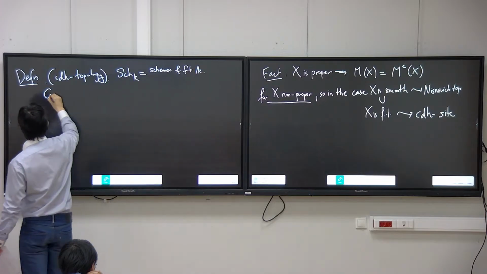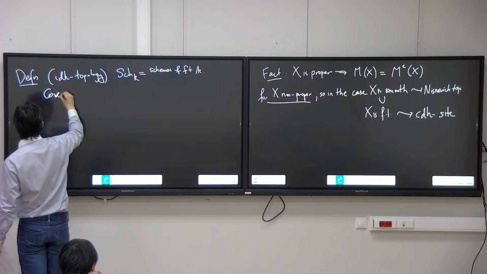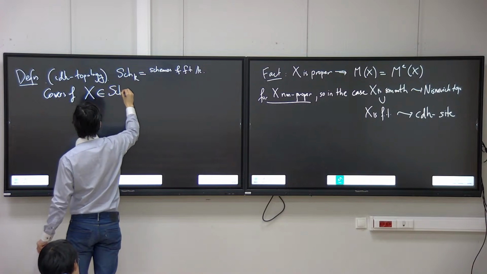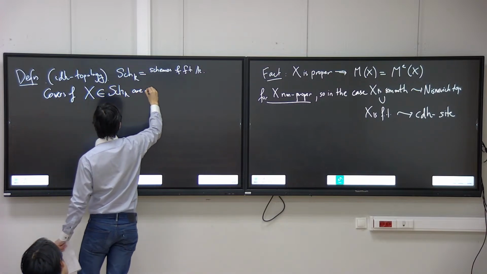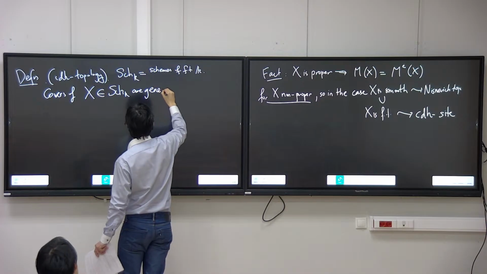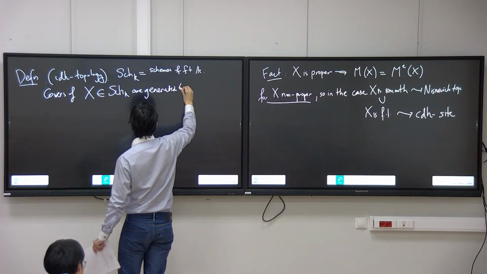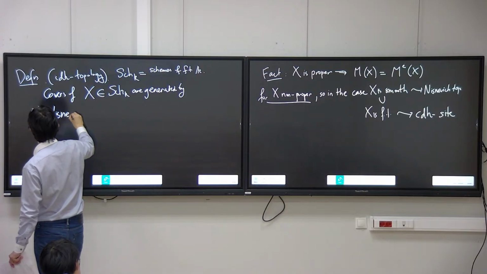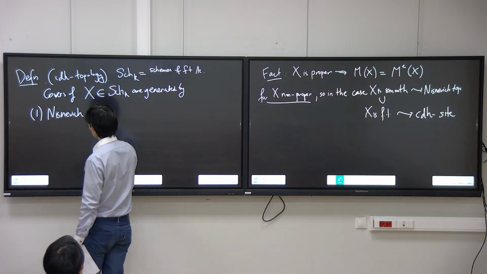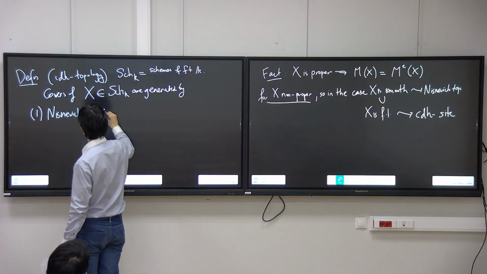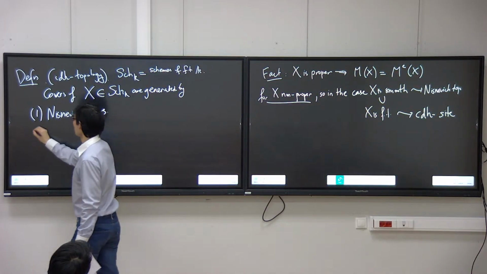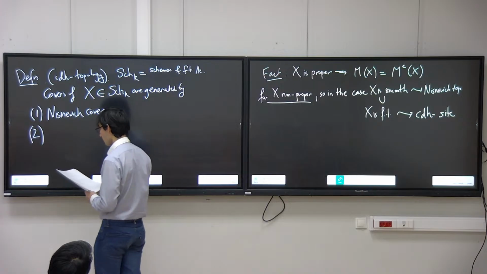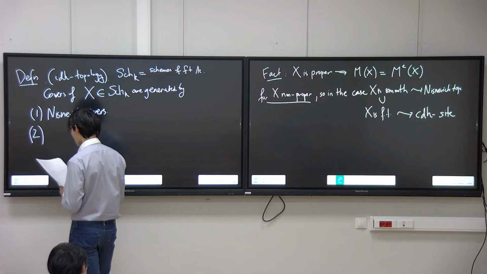So the covers of X are generated, this is a definition, by Nisnevich covers, which are basically some kind of étale maps but more relevant to K-theory, and some kind of formal blow-ups so you can reduce to the smooth case.